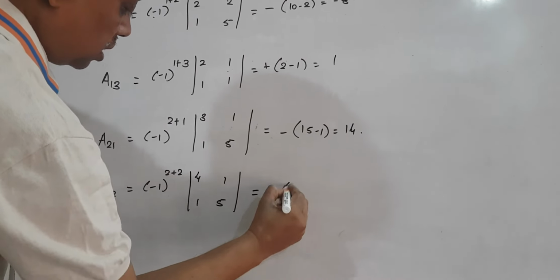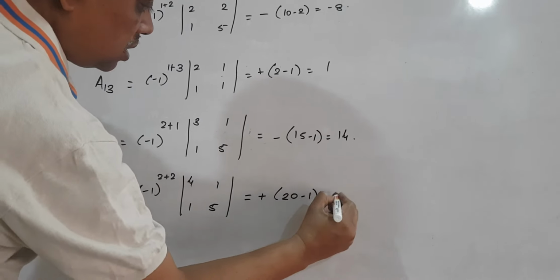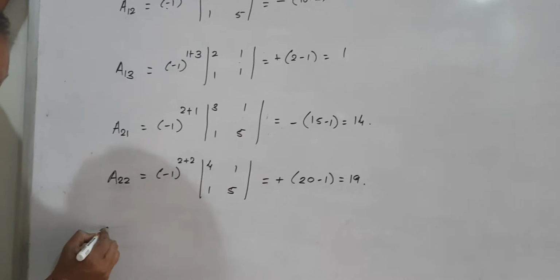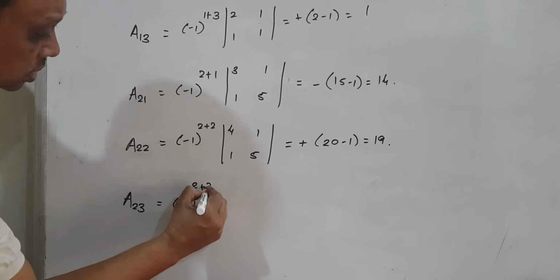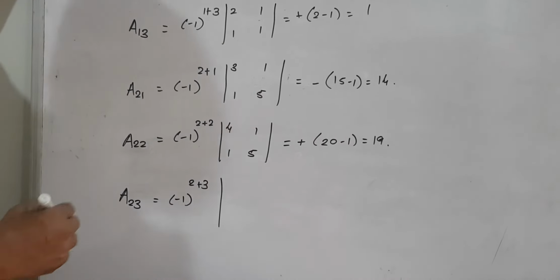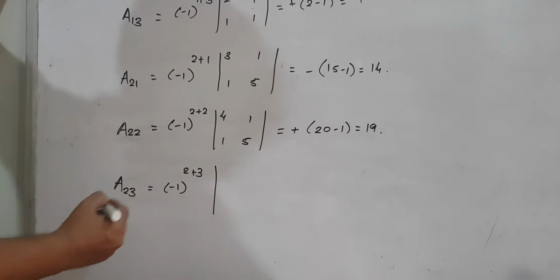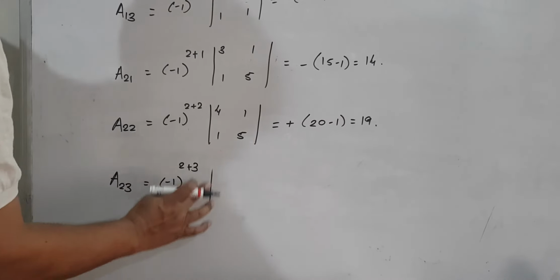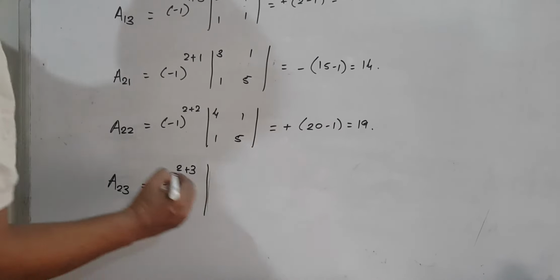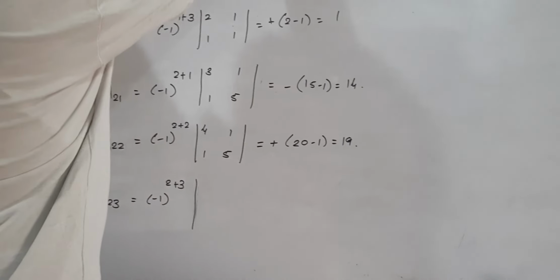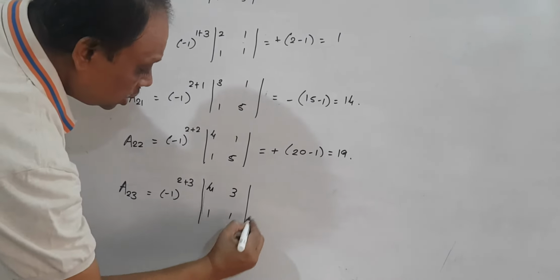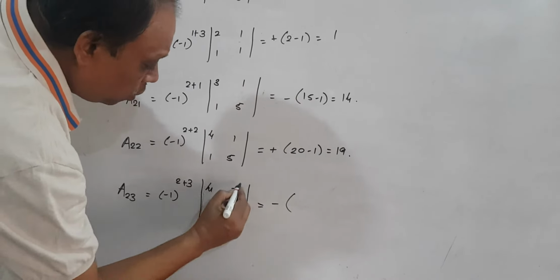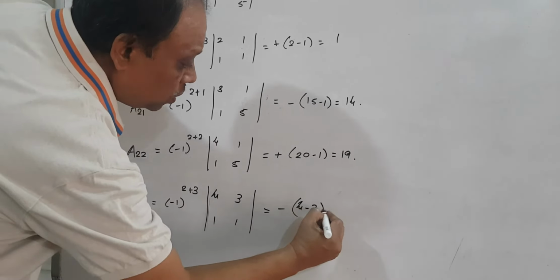So this should be plus 20 minus 1 is 19. A23: so minus 1 raised to 2 plus 3. So it is what? The second row, third column means what? 4, 3, 1. So it should be minus of 4 minus 3, which is what?